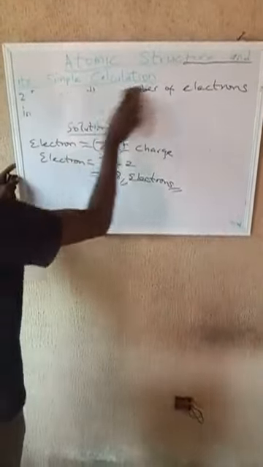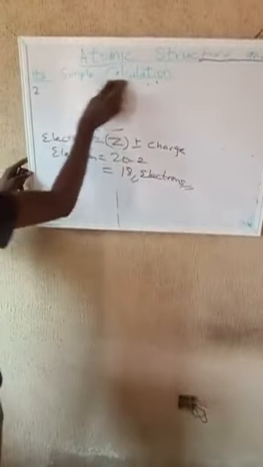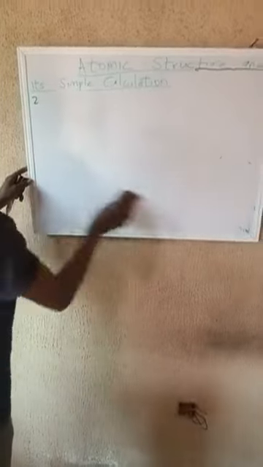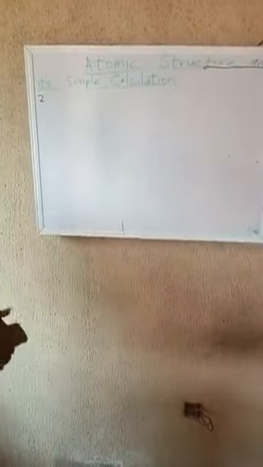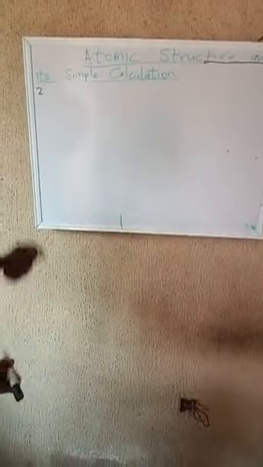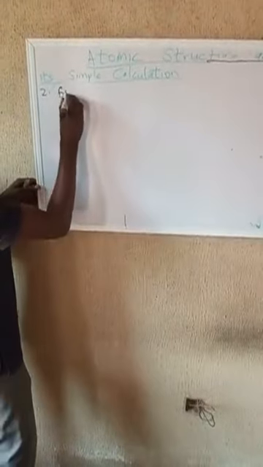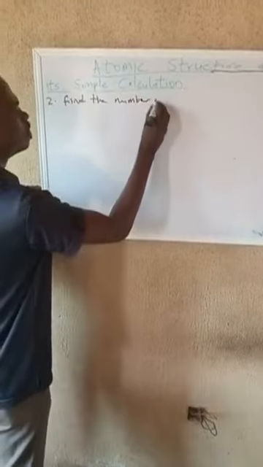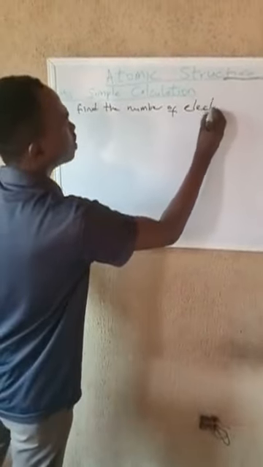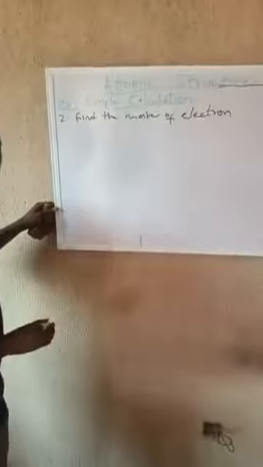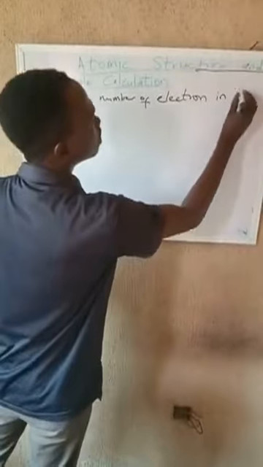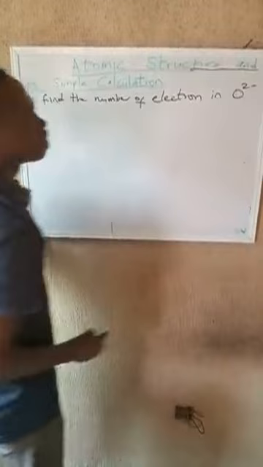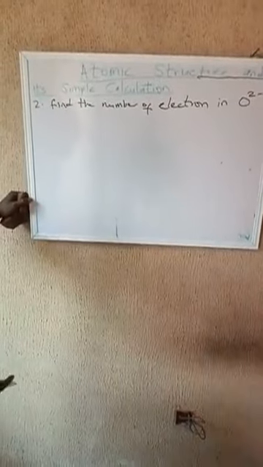The third one is something like this. Second example also, but this one is referring to an anion. Find the number of electrons in oxygen 2 minus.